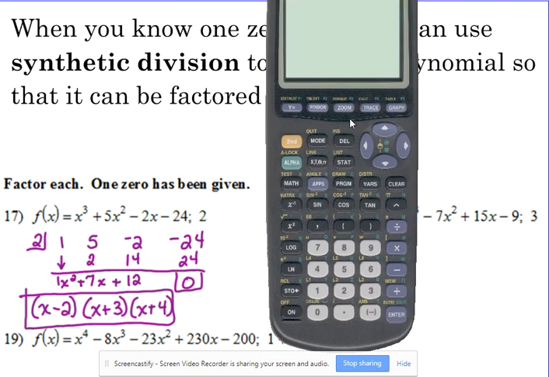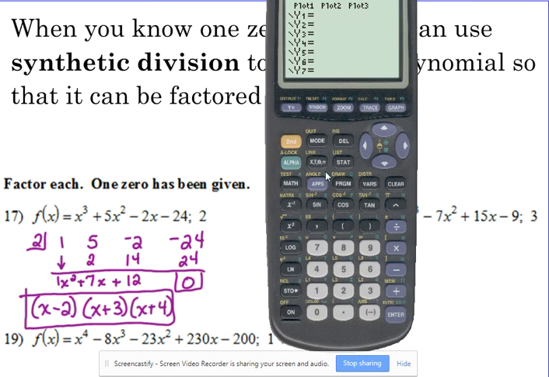Now, instead of checking it by multiplying it back out, because that's going to take a little bit of time, one way that you can check it is to plug in the polynomial in y1 and plug in your factored form in y2, and then we need to either look at the graph and make sure that they overlap, or, and I prefer this, and you have to be careful with your parentheses, look at the table and make sure that all my y values agree.